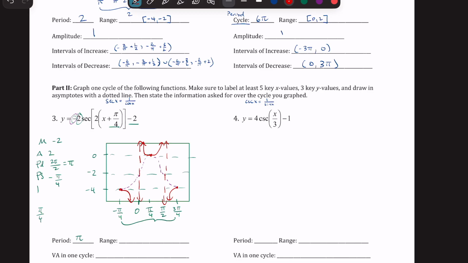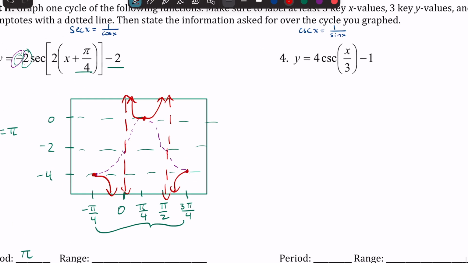Now then I look at my range, and we're going from all the way down here, so far down we can't even find it because it's negative infinity, all the way up to -4, and then from 0 up to infinity.